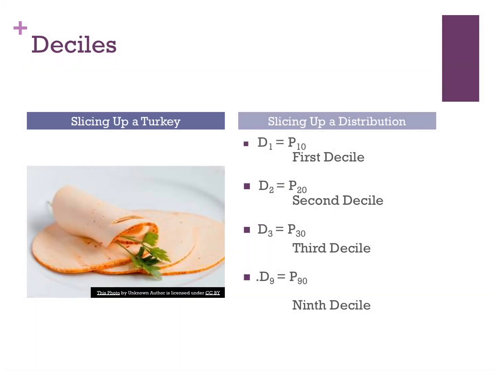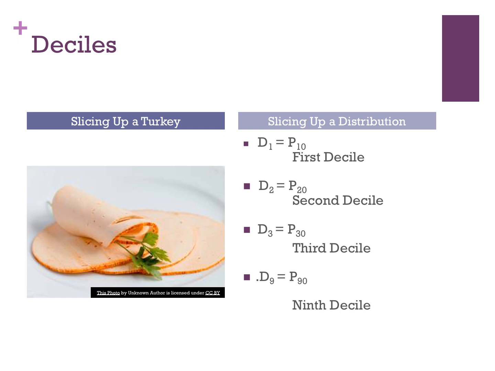Likewise, for deciles, each cut point identifies 1/10 of the distribution. For example, the first decile, symbolized as uppercase D sub 1, marks the 10th percentile, symbolized as uppercase P sub 10, or the point below which 10% of the scores fall.